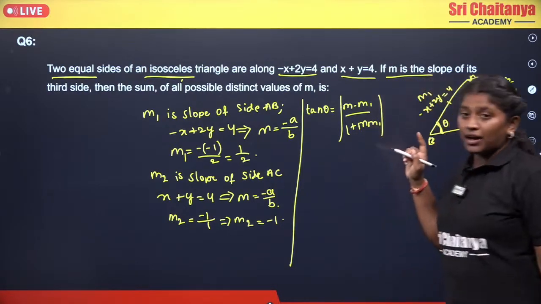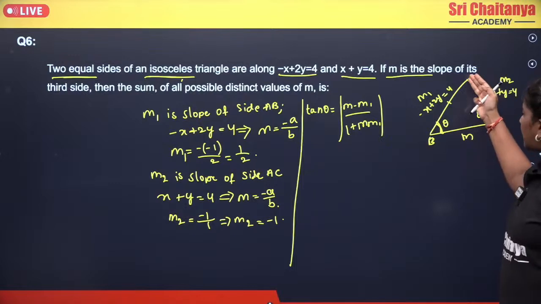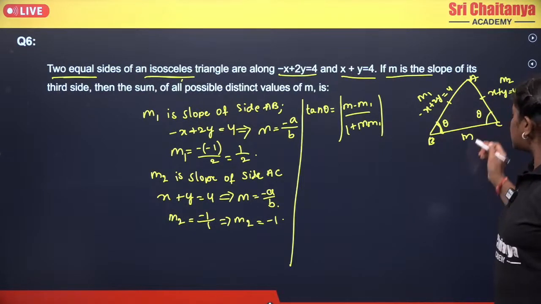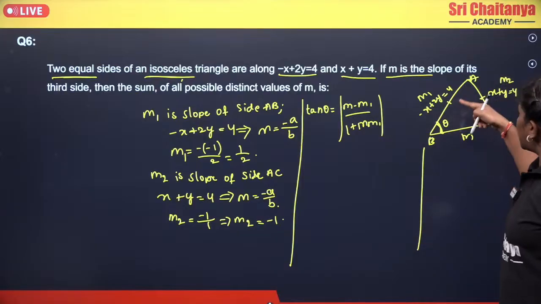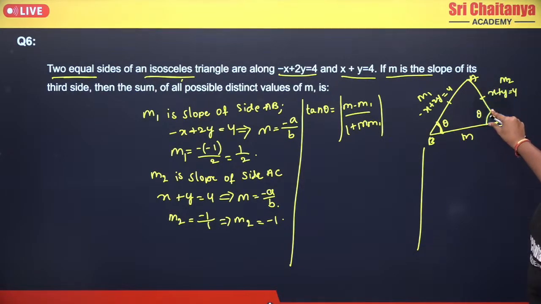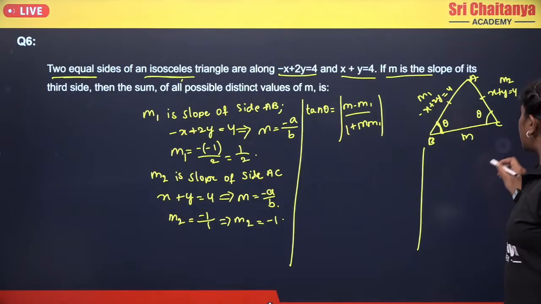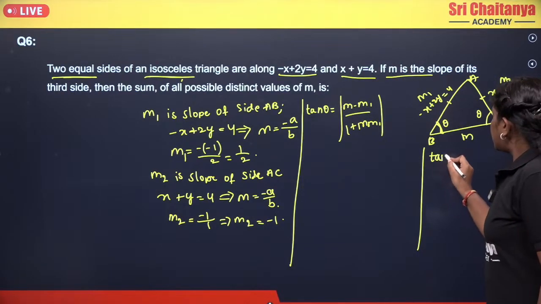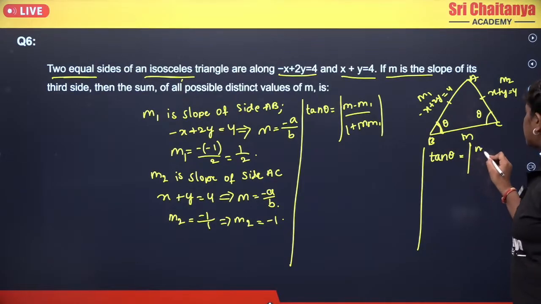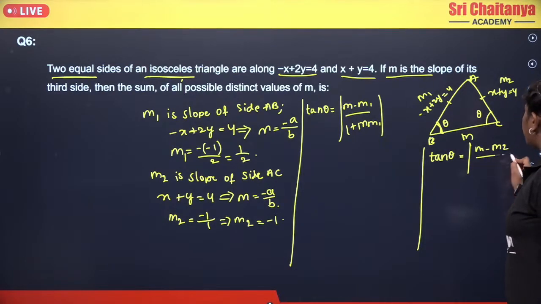Now if you consider the other sides, AC and BC, this is also theta only, the same angle. So here tan theta equals modulus of m minus m2 by 1 plus m into m2.